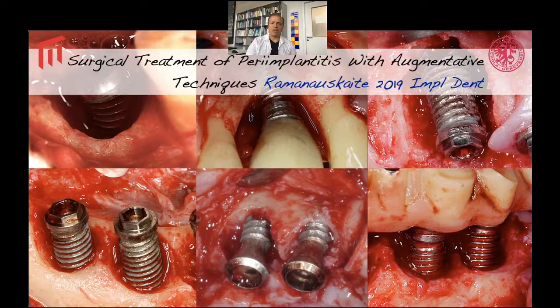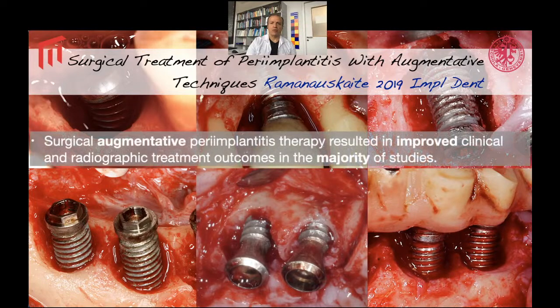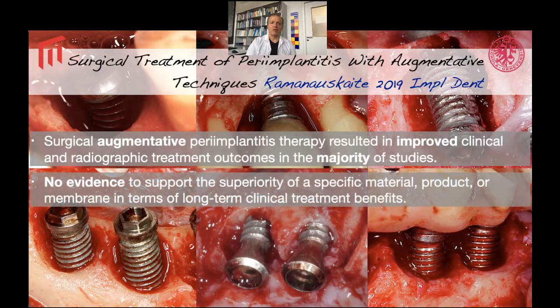So this type of approach has been confirmed in a recent consensus conference dealing with peri-implant diseases. In that consensus conference it was reported that surgical augmentative peri-implantitis therapy results in improved clinical and radiographic treatment outcomes in the majority of studies. There is no evidence to support the superiority of a specific material, product, or membrane in terms of long-term clinical treatment benefits.